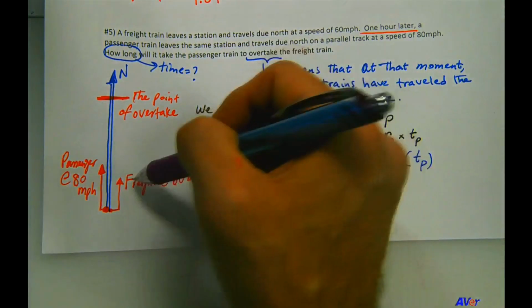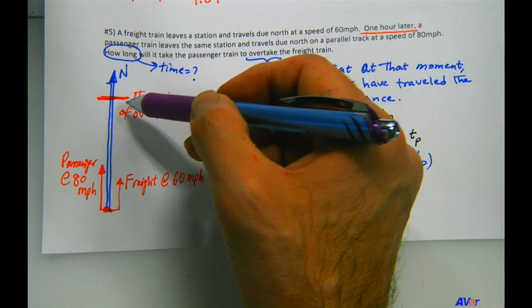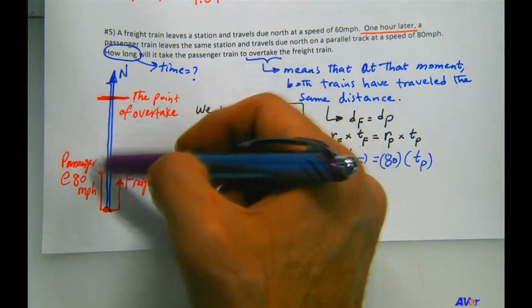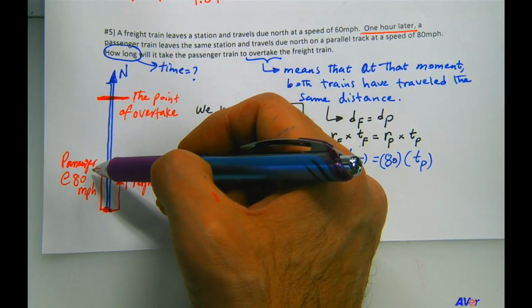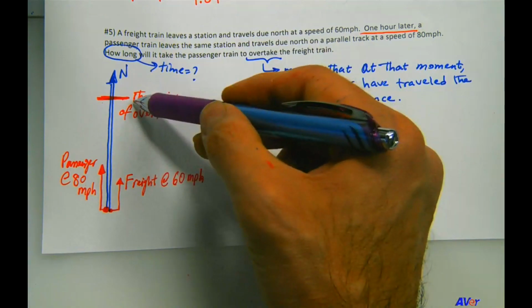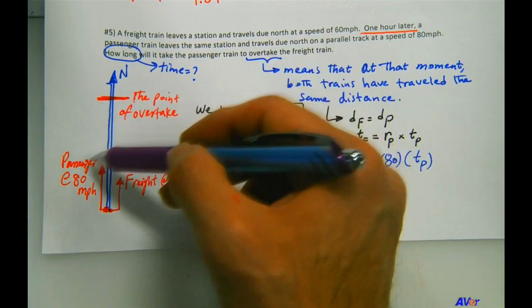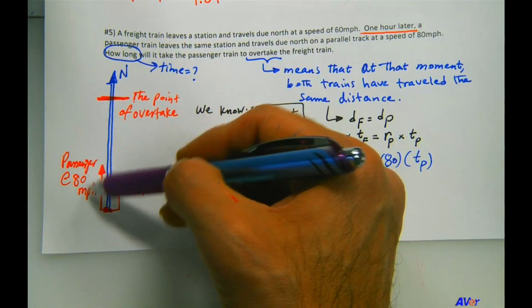If the freight train has been in motion 15 hours by the time of the overtake, how long would the passenger train have been in motion? 14 hours. If the freight train has been in motion for 5 hours by the time of the overtake, how long would the passenger train have been in motion?